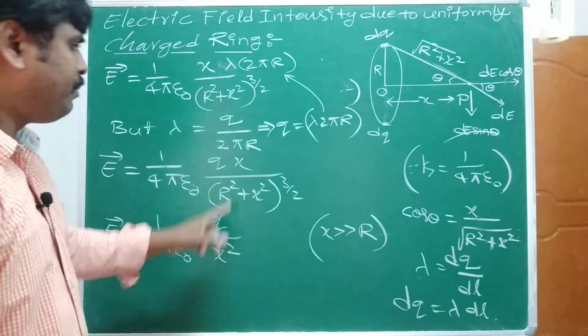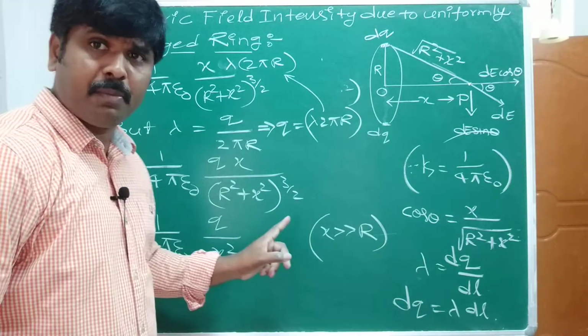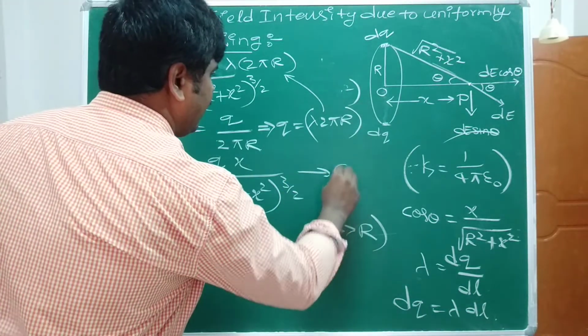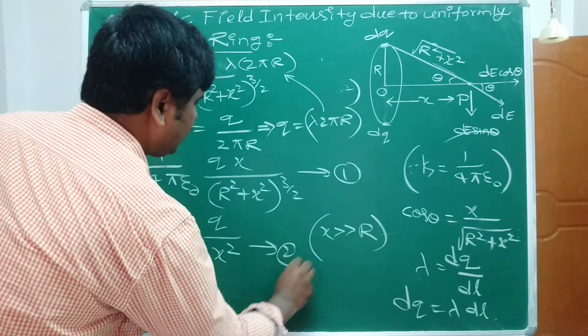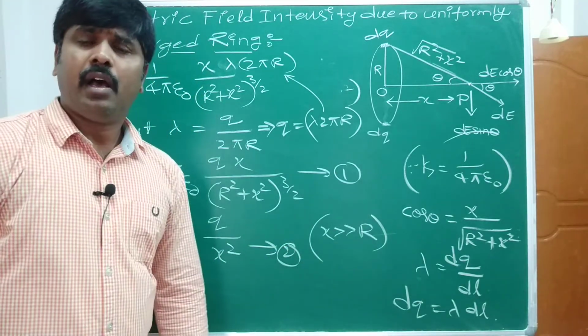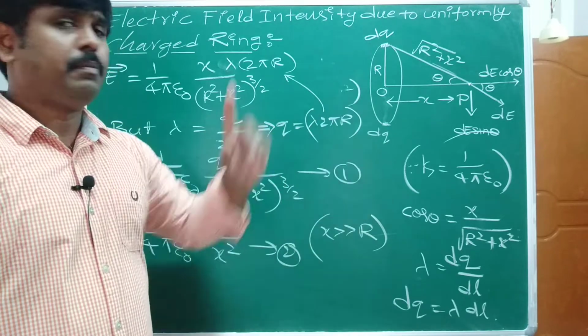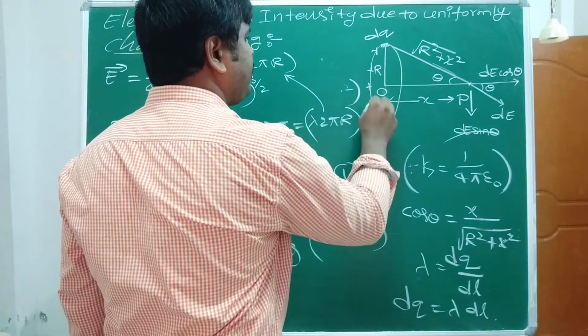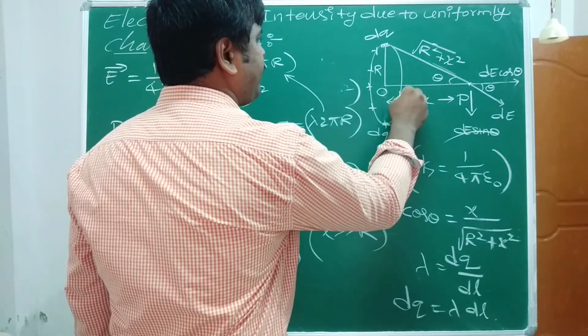Here the denominator has x cube but the numerator has x, so one x cancels. Then this is the first equation and this is the second equation: the electric field intensity of the uniformly positive charged ring. This is the uniformly positive charged ring.